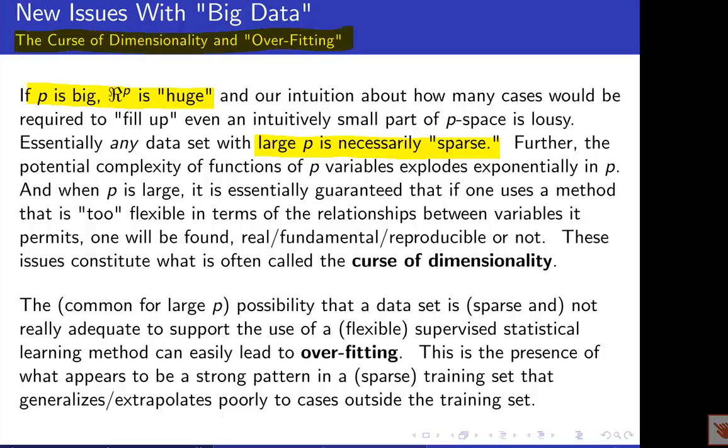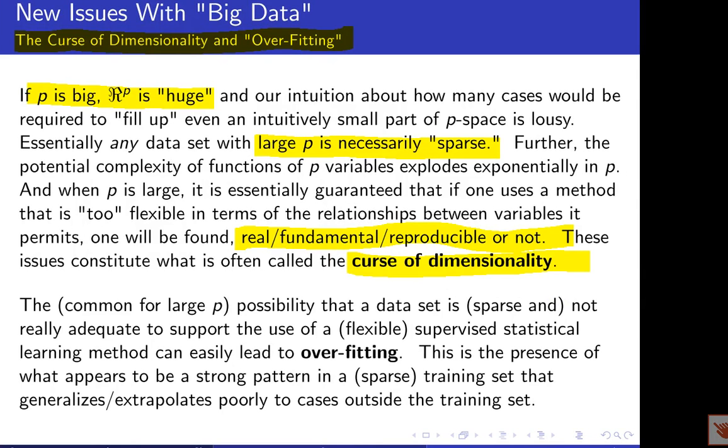In addition to that, when p is large, one is essentially guaranteed that if one uses a method that is highly flexible in terms of the relationships between variables that it describes or permits, one's going to find a relationship, whether or not that relationship is real, whether or not it's reproducible. You take those notions together and you get the so-called curse of dimensionality.